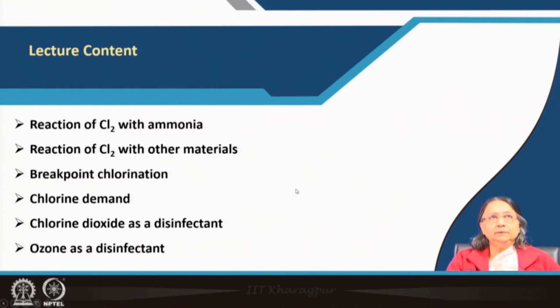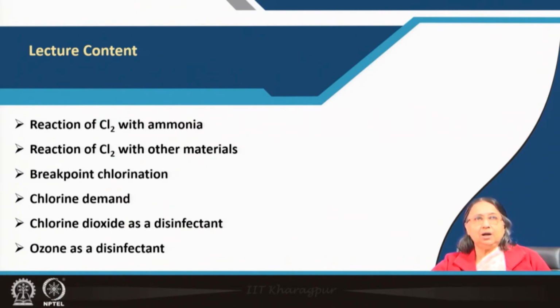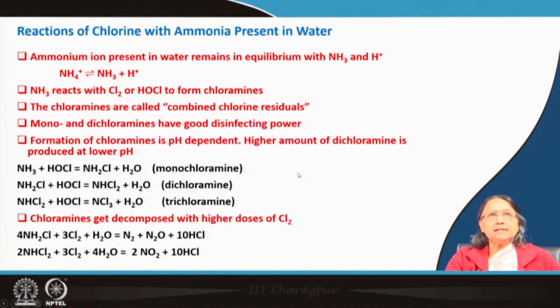I have already told you that chlorine is a very good and widely applied disinfecting agent, its history, how it started and developed, and also the chemistry of chlorine, how it forms hypochlorous acid and hypochlorites. Now, I will show you the reactions of chlorine with other things which are naturally present in water.